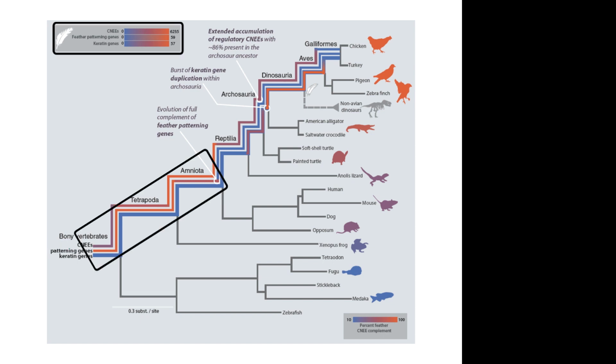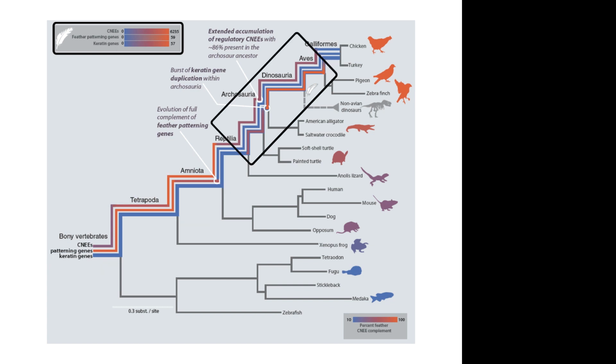So you can see that the genes for patterning of where to put different structures on the skin were there and in multiple copies very early, but the keratin genes, which form hairs and feathers, didn't appear until later, and so you finally find those appearing in many more copies and being expressed at higher levels in dinosaurs and birds, and to a lesser extent in mammals.